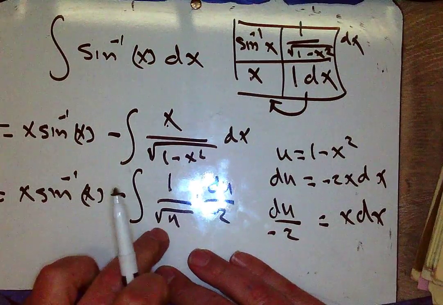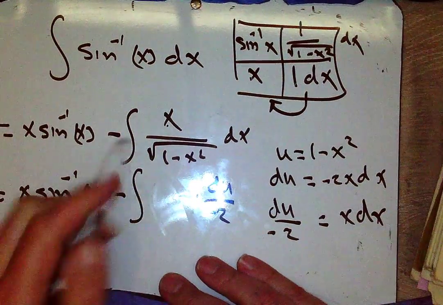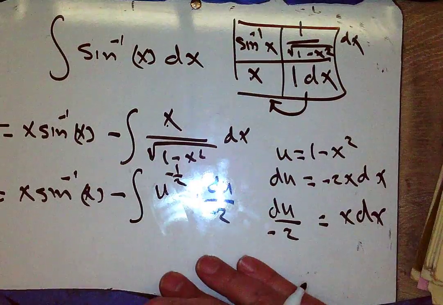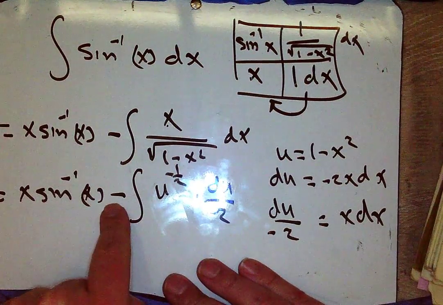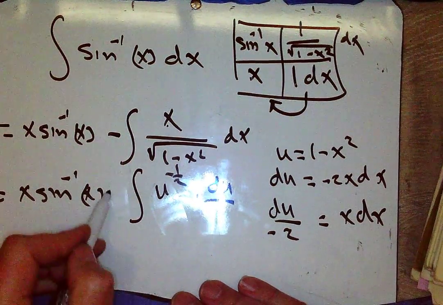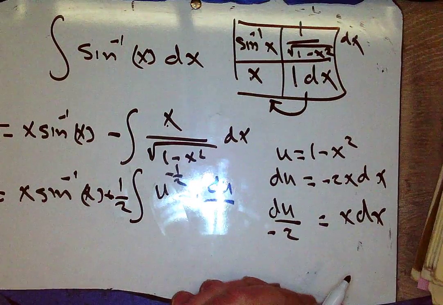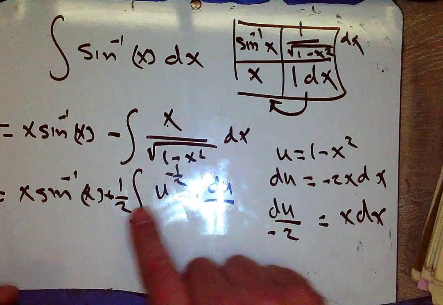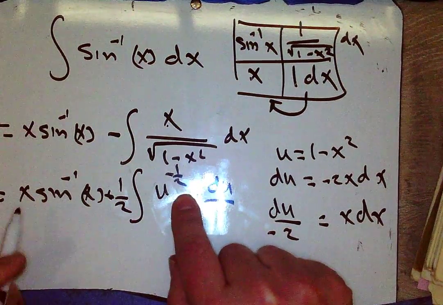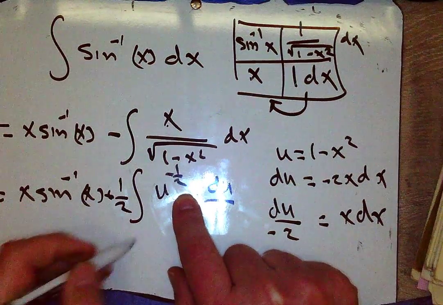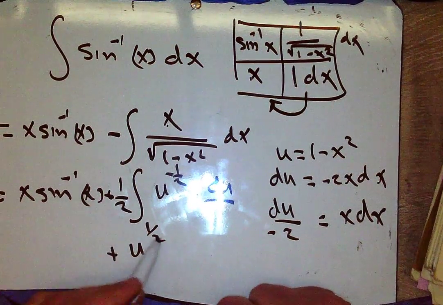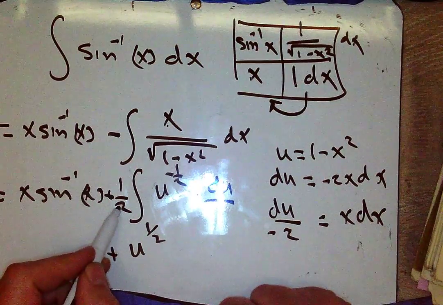I think I would prefer to write this as u to the minus 1/2, and a negative times a negative is going to give me a positive 1/2. Hey, what's the antiderivative of that? Yeah, I agree. That's going to be u to the 1/2. If I bring that 1/2 down, oh, there it is.